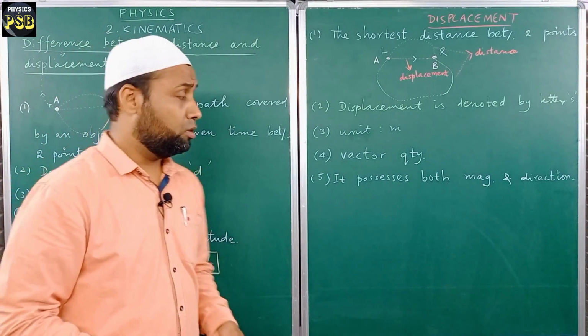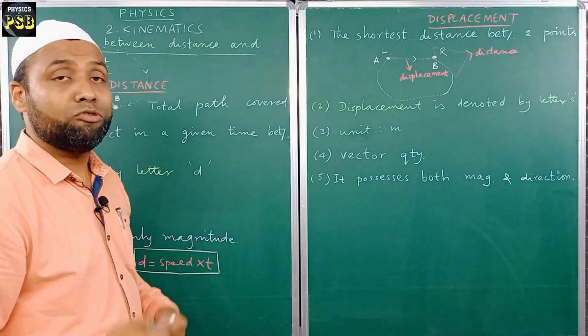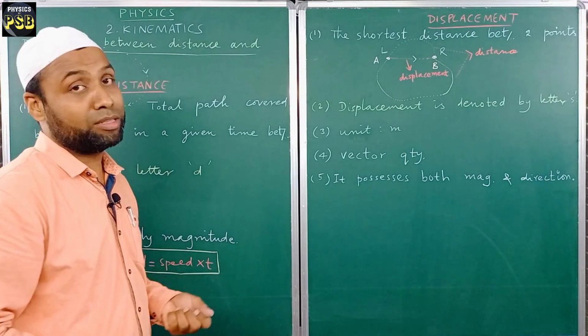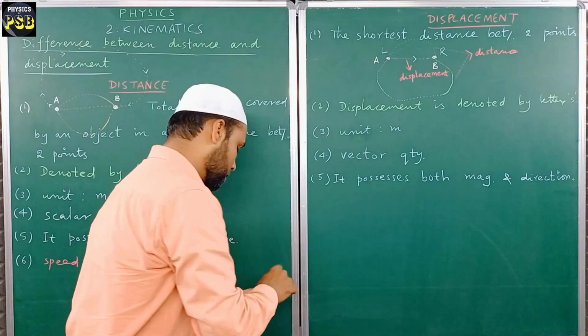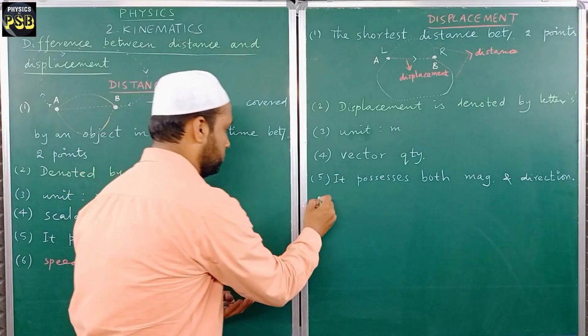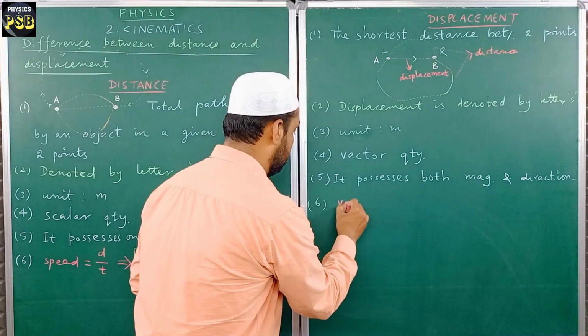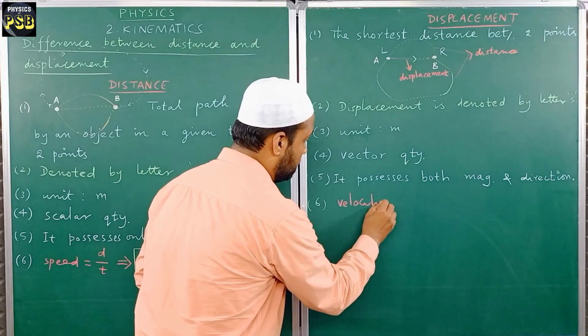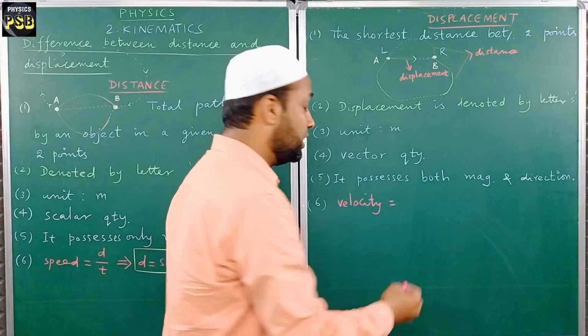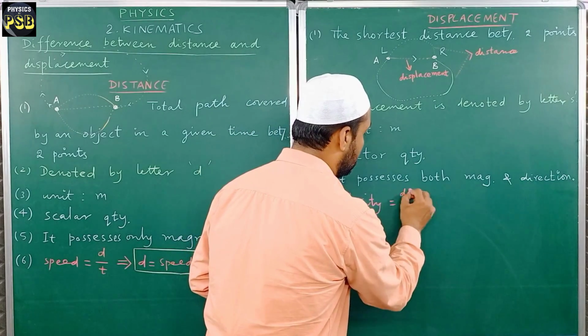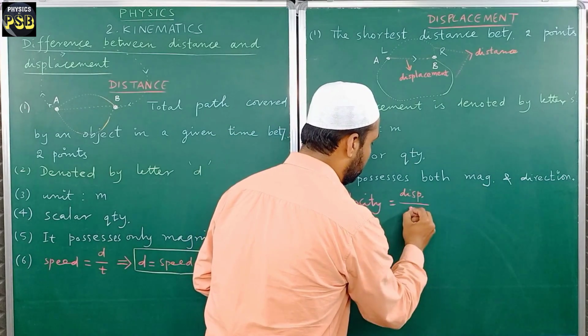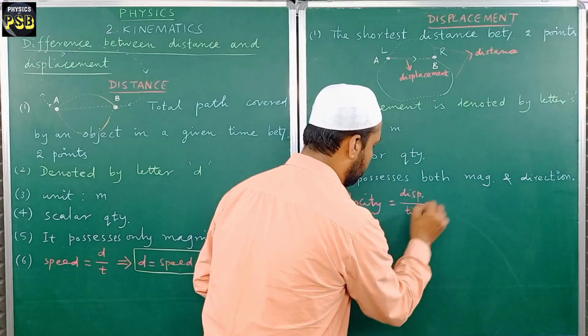Let me give the formula to calculate the displacement. Here we know about velocity. Velocity is rate of change of displacement, displacement divided by time.